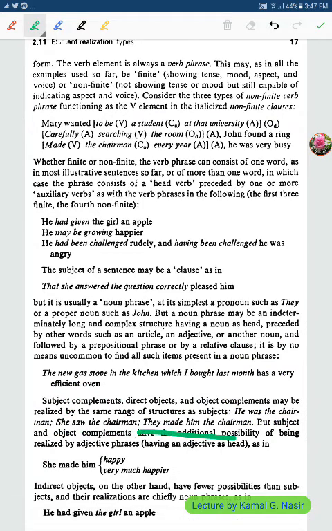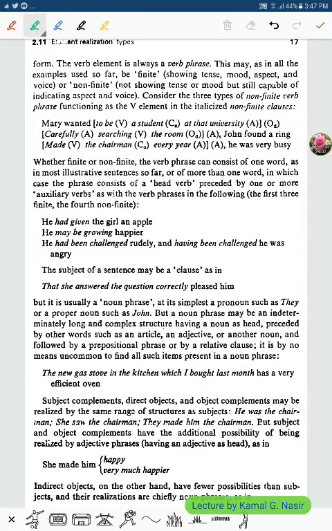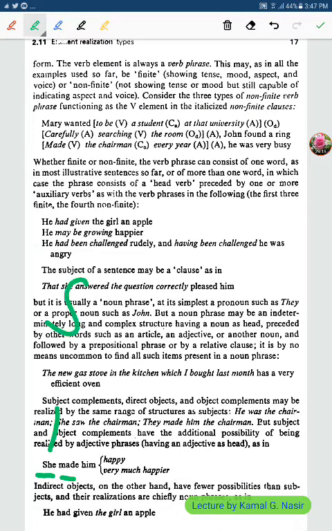They made him the chairman. They, subject. Made, verb. Him, direct object. The chairman, object complement, because it is related to the direct object. She made him happy. She, subject. Made, verb.